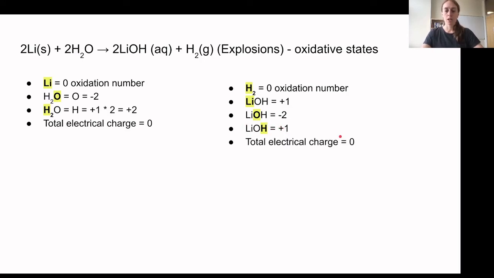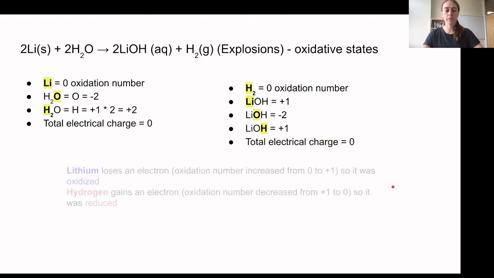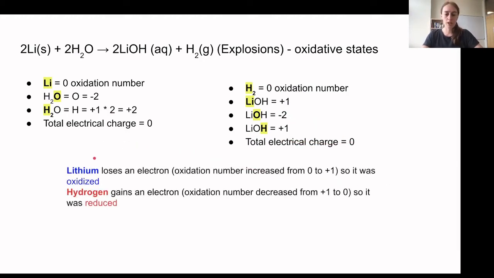So our total electrical charge for this half of the reaction, 0 + 1 + 1 - 2, is 0. So we can determine here that our lithium loses an electron because our oxidation number increased from 0 to +1. We started out at 0 and now we have +1 over here.